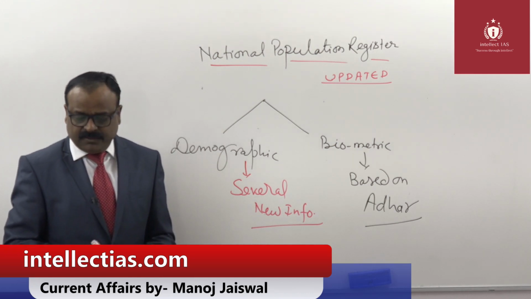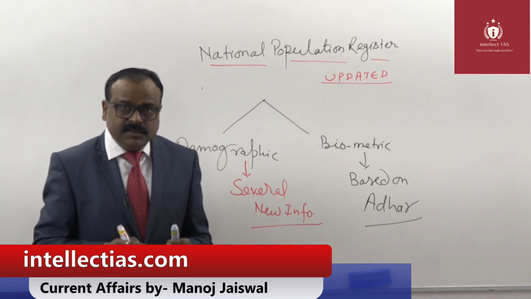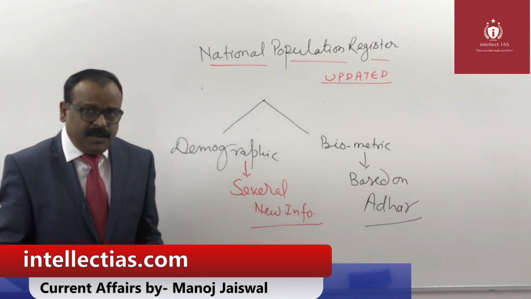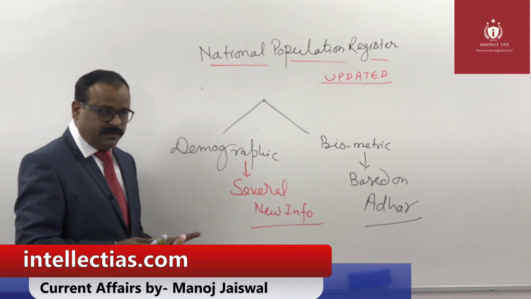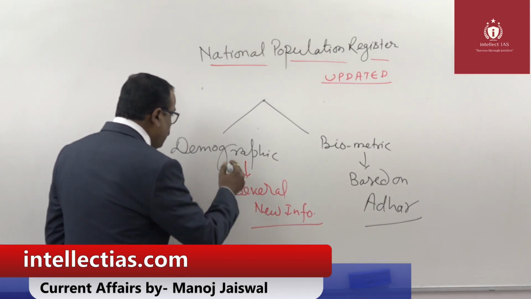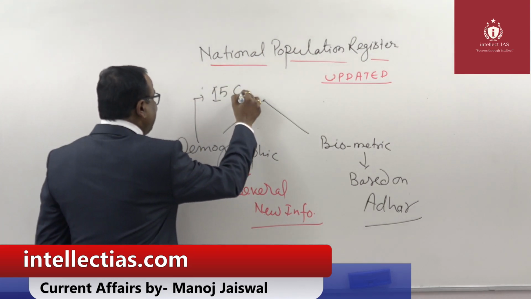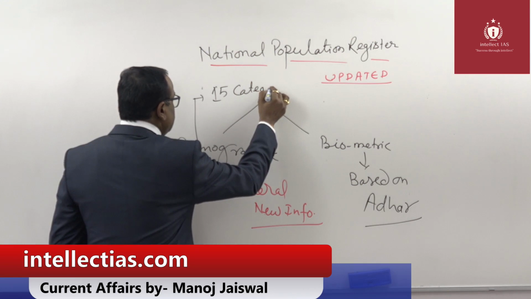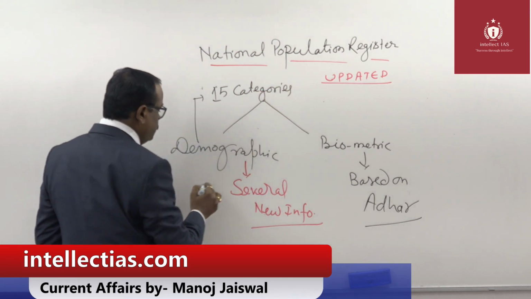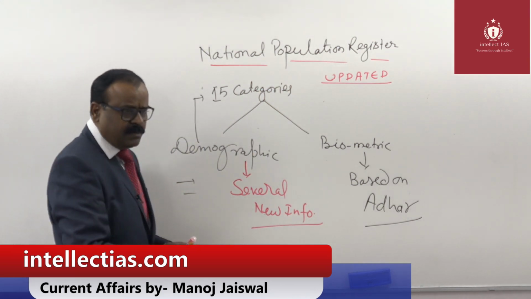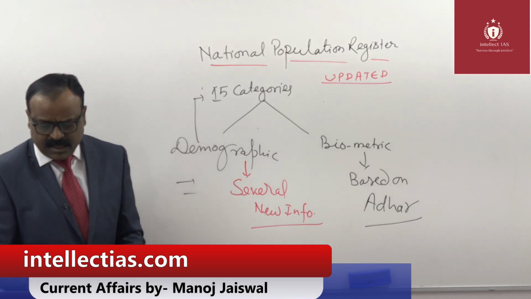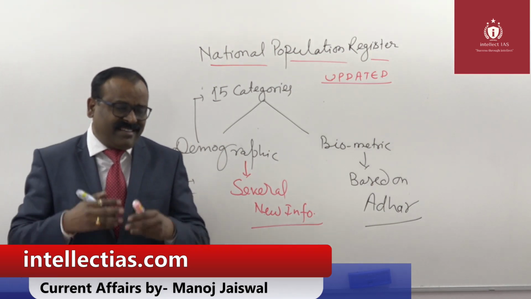That is why there are some apprehensions among the people. Now the demographic data is of 15 categories: name, place of birth, profession, business, education, etc.